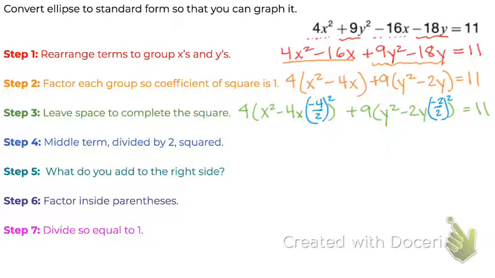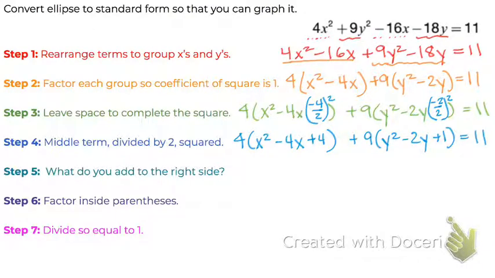So let's simplify that. So you still have your x squared minus 4x. Negative 4 divided by 2 is negative 2 squared is positive 4. And the same here. I still have this. Negative 2 divided by 2 is negative 1 squared is positive 1.